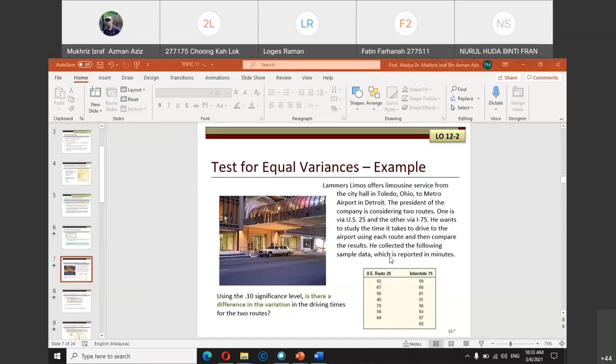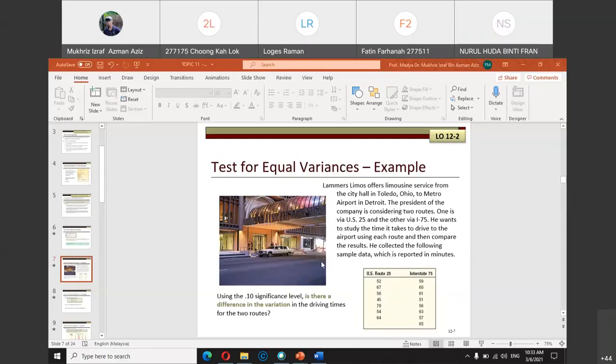We want to know how long it takes, the time taken, to reach the destination using two different routes. For example, if you use your Waze or Google Maps, you can choose different alternatives, option number 1, option number 2, if you want to avoid the traffic jam or avoid the highway. So it's the same thing here.